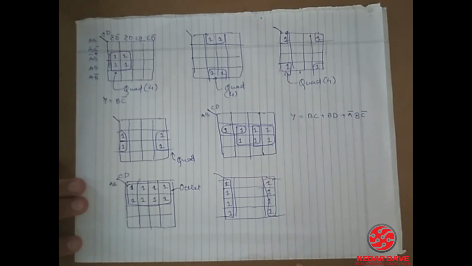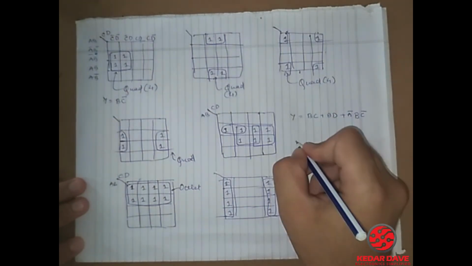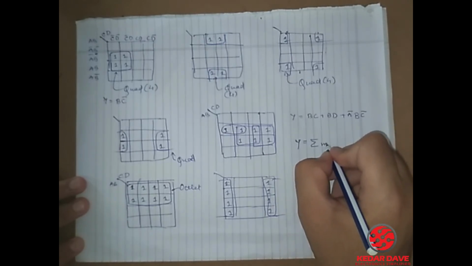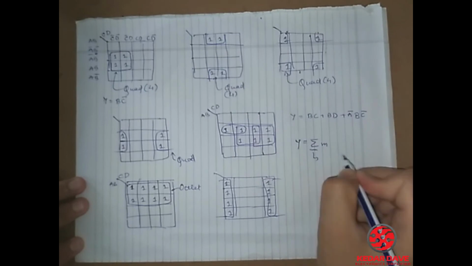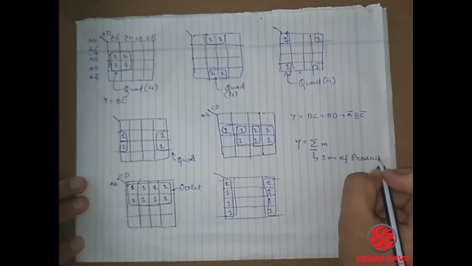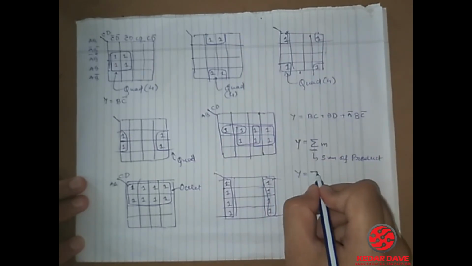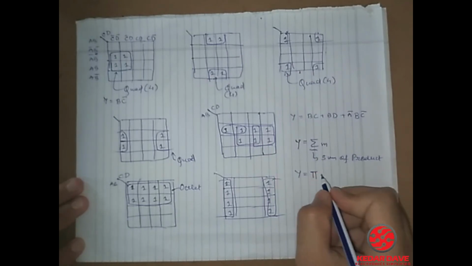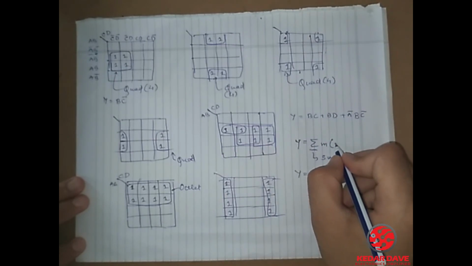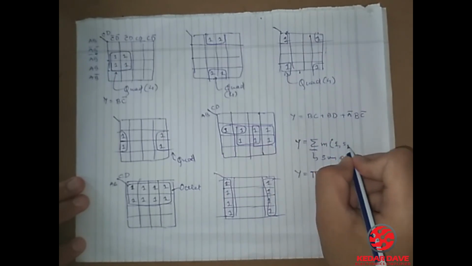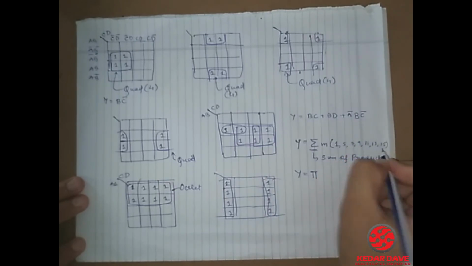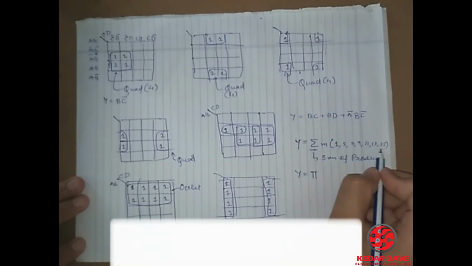There is one more thing, that whenever they ask you in the exam, they will ask you in this way, that y is equal to sigma. Now sigma represents the sum of products form, and if they provide you sigma m as a particular equation, and they write some variables 1, 5, 7, 9, 11, 13 and 15. So this is a condition of 4 variables.